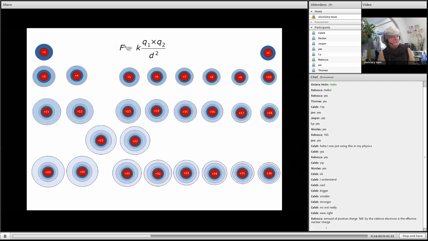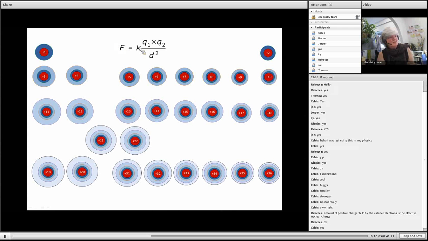Okay, yeah. So if Q1 is increasing, then F gets bigger. So it means that attraction is stronger, and so it's going to pull the electrons closer. So that's why the atomic radius decreases across a period, and it increases down a group.